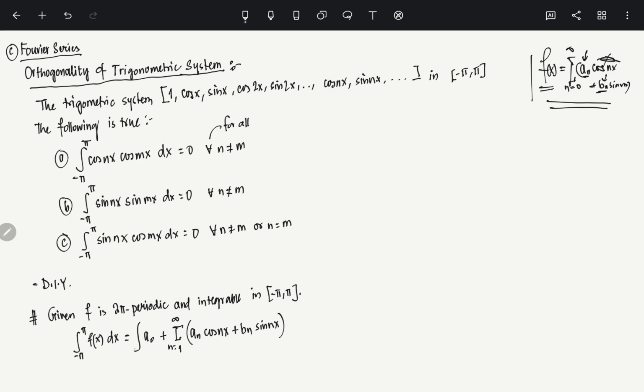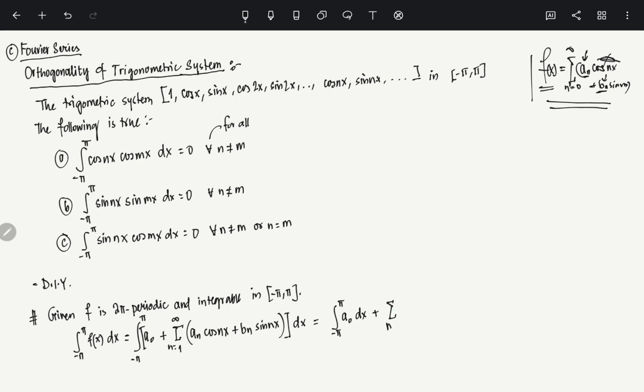We can integrate all these things, right? So we can integrate this whole series between minus pi to pi with respect to dx. Yes, let's just assume that we can of course do all that. Now this we can write, at least in this case, as the integral from minus pi to pi of a naught dx plus the sum.